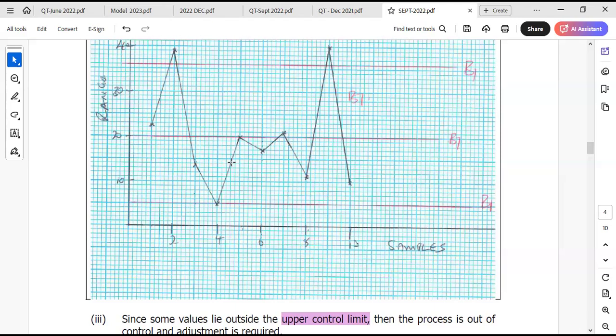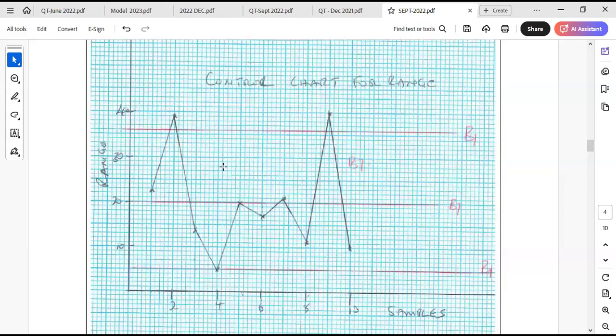But if there is no point outside the upper control limit or below the lower control limit, then we say that the process is in control, or within control.